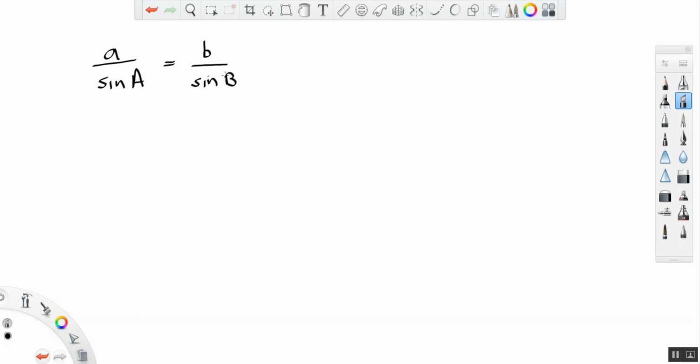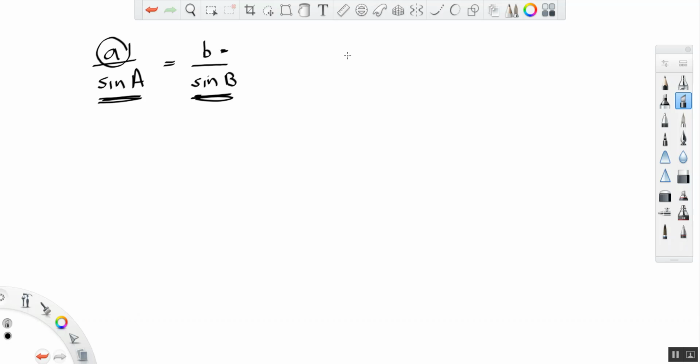So say we wanted to find side A, then we would need to know that angle, and that side. So to use the sine rule to find a missing side, you'd need two angles and another side, right?